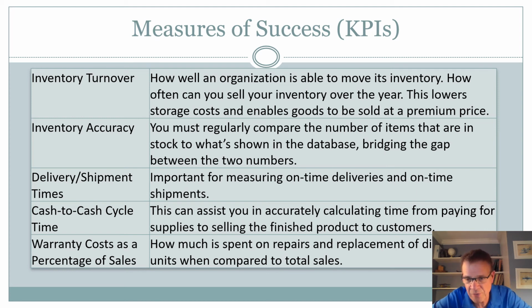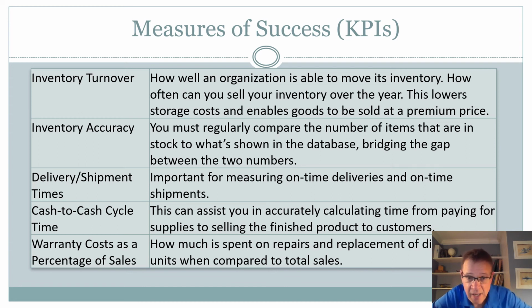How you manage your inventory is very, very critical. You don't want to have items sitting around not being sold because you bought too many and you're paying for too much storage space. On the other hand, you don't want to be in a situation where you have shortages and you can't sell something because somebody's looking for something you don't have. So managing inventory turnover is a very critical element.